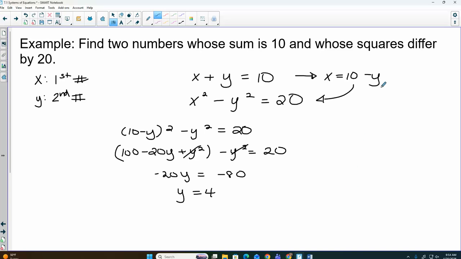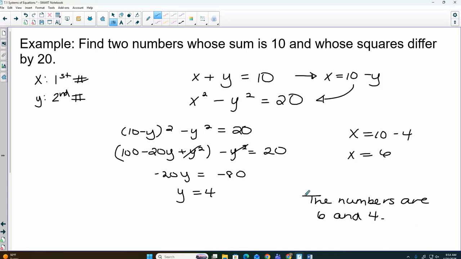So then if I plug it back in, we know x is 10 minus y, so 10 minus 4 is 6. So then we just write a sentence, so the numbers are 6 and 4.